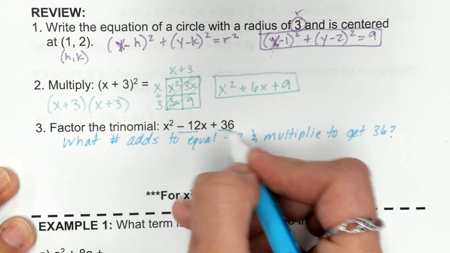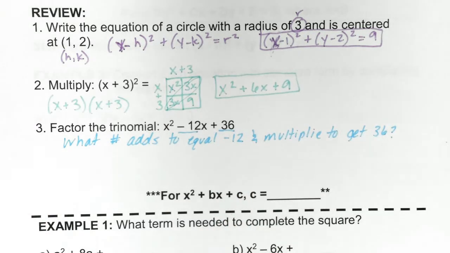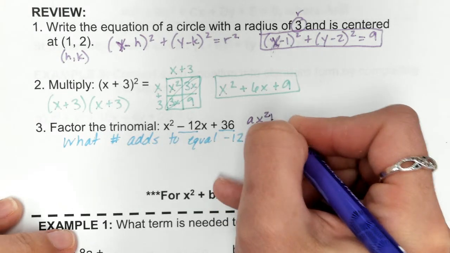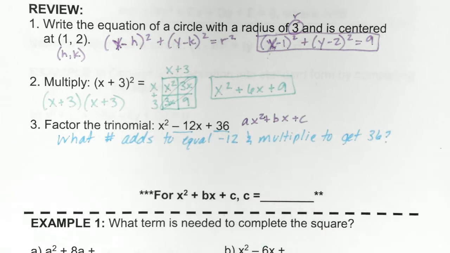We need to remember that this equation is actually broken down to ax squared plus bx plus c.